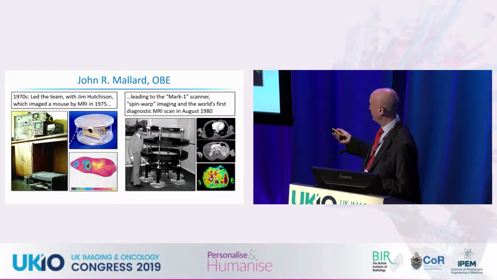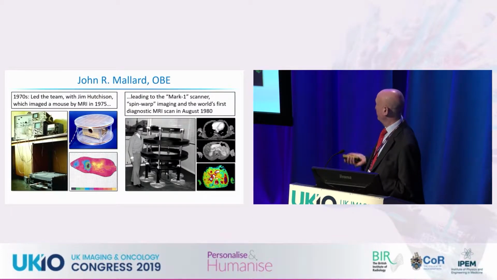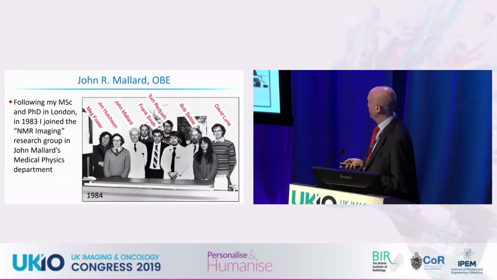There's Jim Hutchison standing beside the bare magnet in about 1977, and spin warp imaging was invented on that system, and the world's first ever diagnostic MRI scan was performed there in Aberdeen in August 1980, and that's one of the first diagnostic scans showing tumours in the liver. So John Mallard was absolutely instrumental in all of that happening.